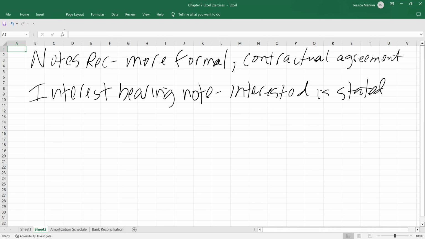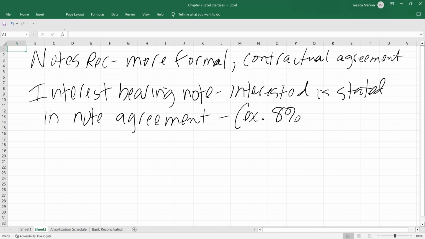Interest is stated in the note agreement. For example, on the note, it might say 8% interest or 10% interest, whatever, right? A stated interest rate. That would be an interest-bearing note.